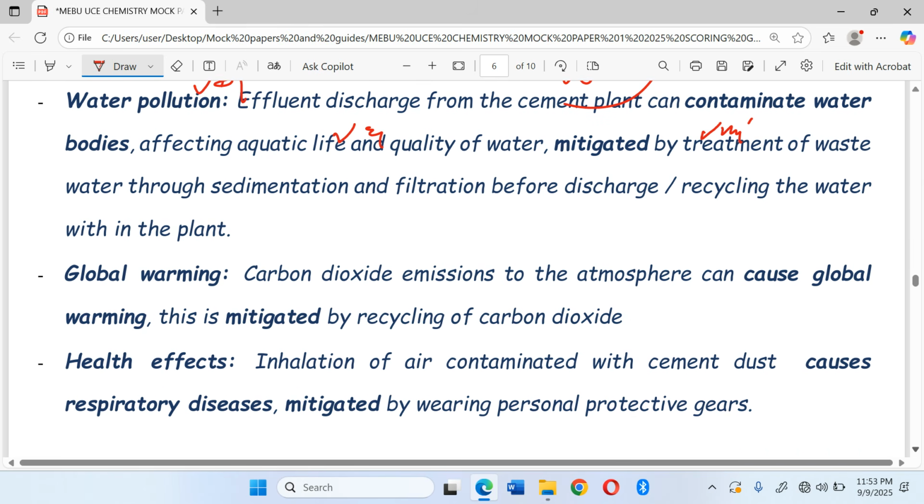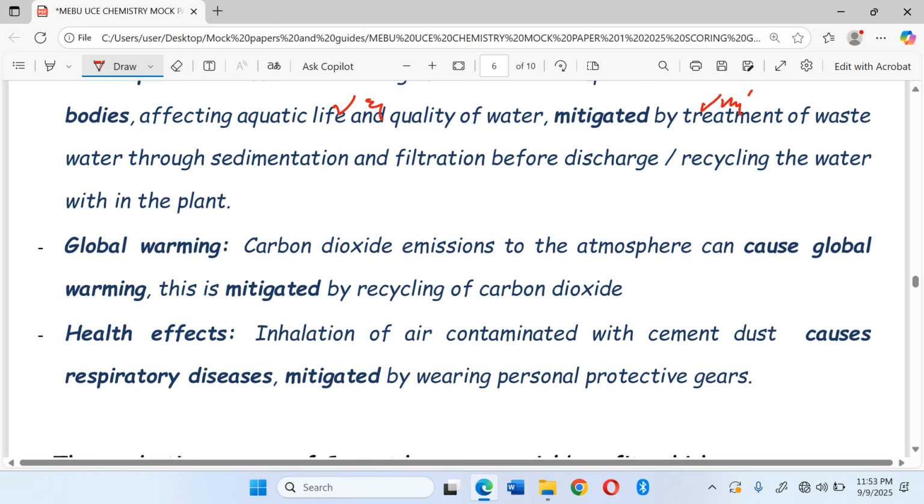For the case of our discussion, I've continued to give other points, like global warming. It is a danger. How does it occur? Carbon dioxide emissions to the atmosphere can cause global warming. This can be mitigated by recycling of carbon dioxide. So instead of releasing carbon dioxide into the atmosphere, it can be recycled.